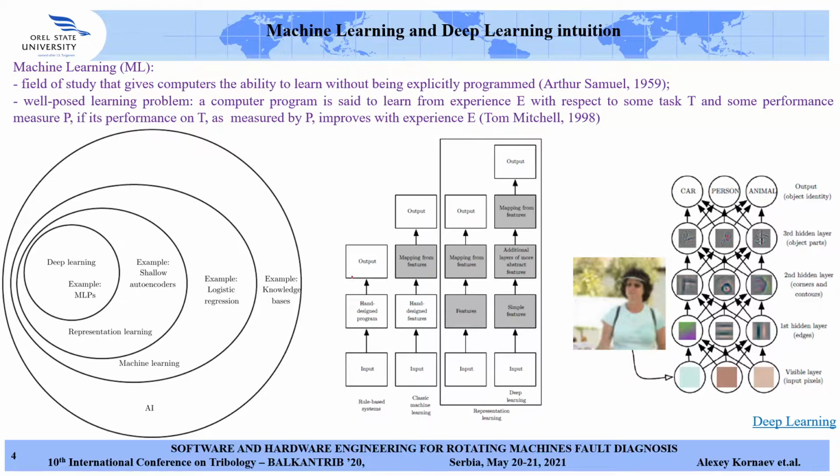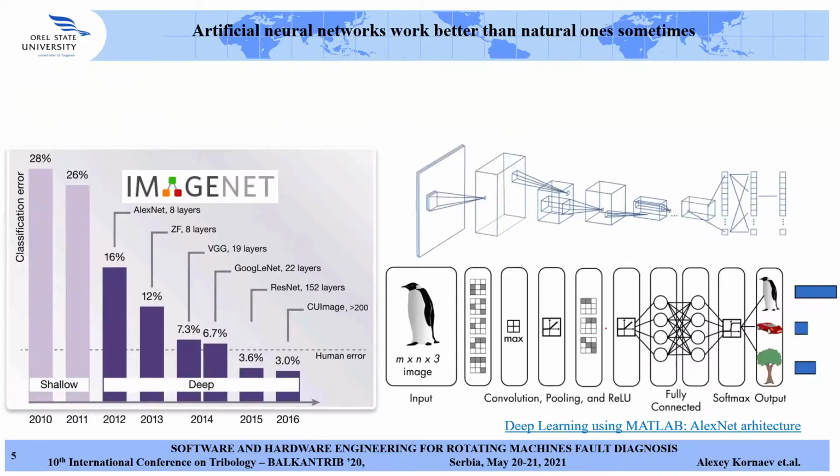Modern artificial intelligence methods are based on machine learning, and at the top of these methods is deep learning, which is connected with feature extraction in neural networks.